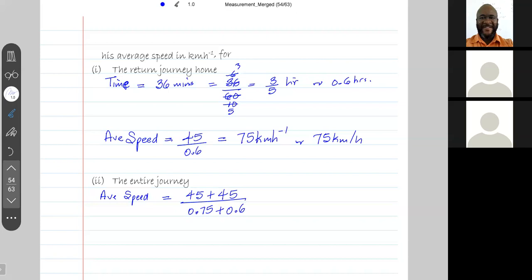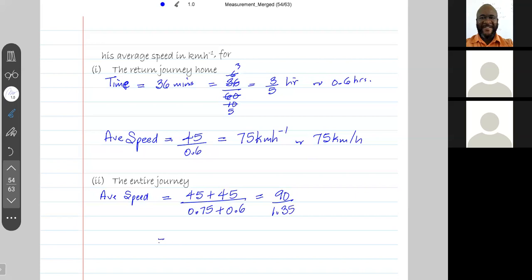So the average speed for the entire journey would be the total distance to go to school and come back, divided by the total time to go to school and come back. So this is 90 divided by, is that 1.35? Let's find out. Yeah, 1.35.